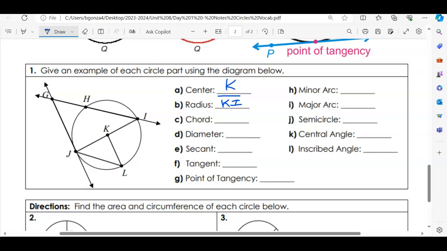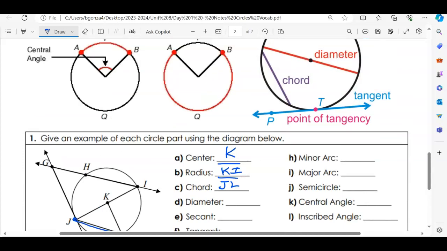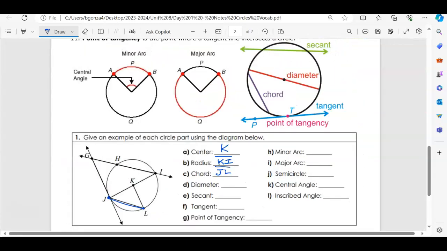All right, so we're going to just pick one. I'll pick JL because it's got clear endpoints on it. So JL, but you got to put a segment on top because a chord is a segment. Very important, okay?